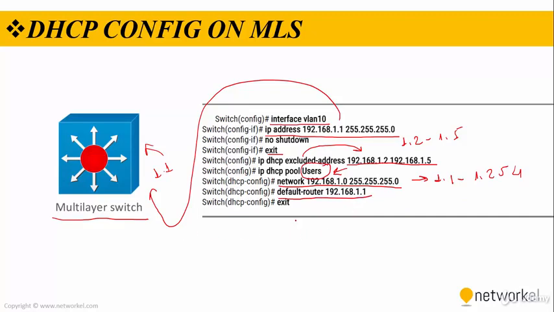So 1.1 is the default gateway, and this range is excluded, so this will assign the IP addresses between 1.6 until 254.